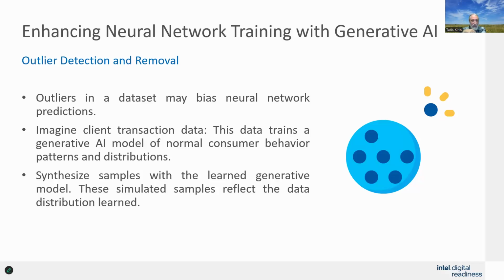We synthesize samples with the learned generative models, and these simulated samples reflect the data distribution learned. So in other words, the synthetic data can help to rectify this issue, right? By giving us a large volume of synthetic data that maybe helps to eliminate the outliers as a process, because we're working with stuff that fits in the model better, right?